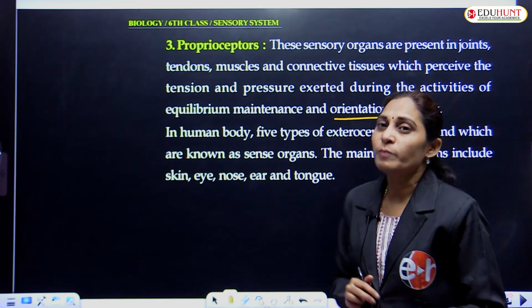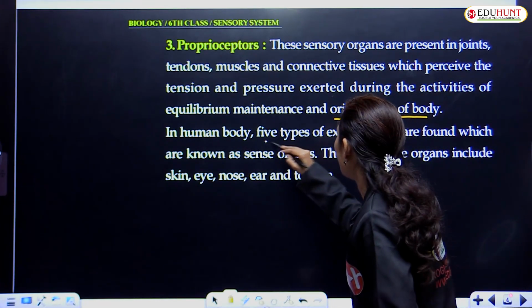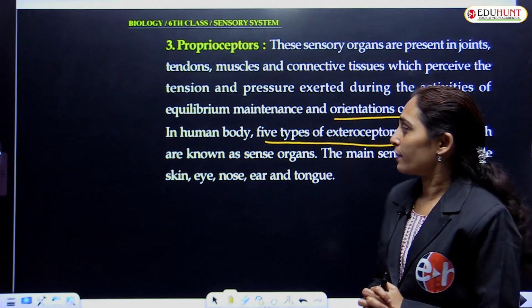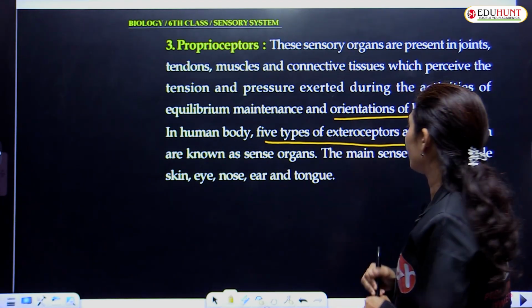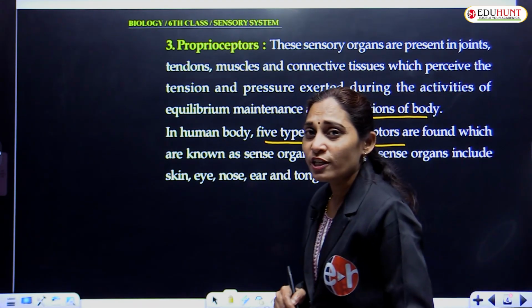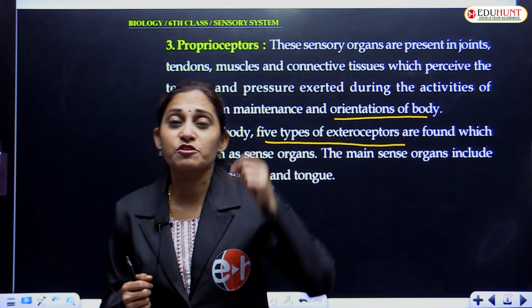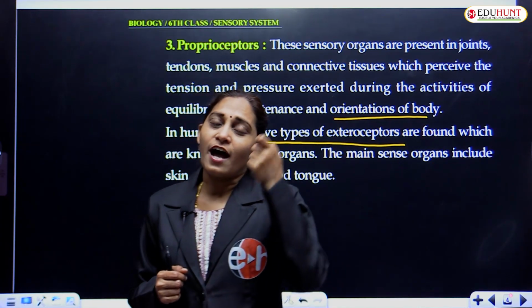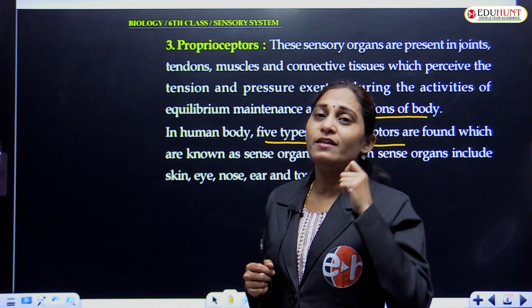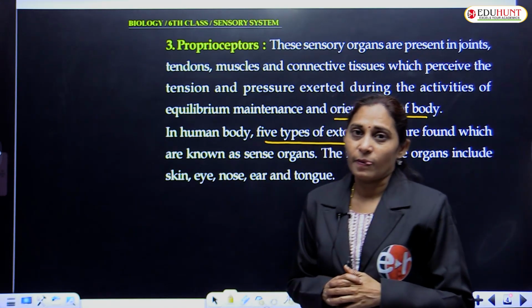In the human body, 5 different types of exteroceptors are present. Exteroceptors are the external sense organs that have direct contact with the atmosphere or the surrounding environment.